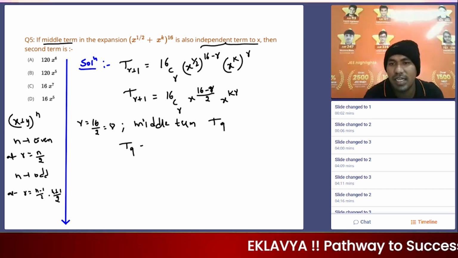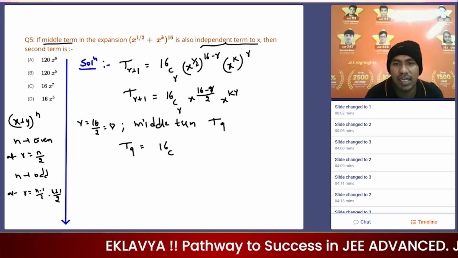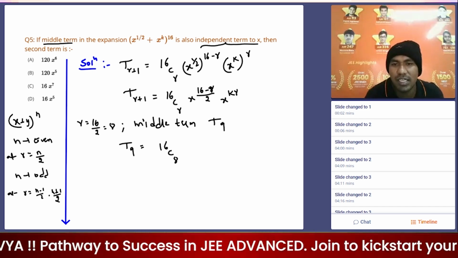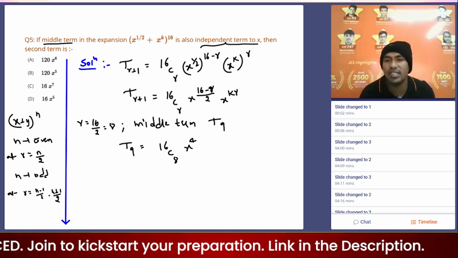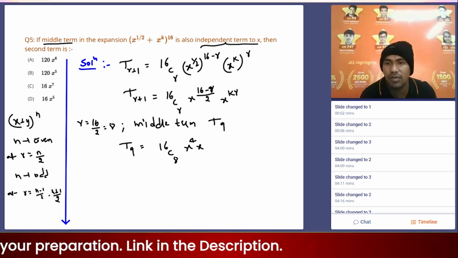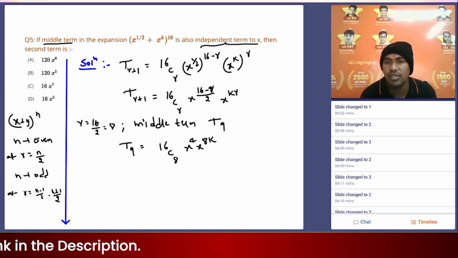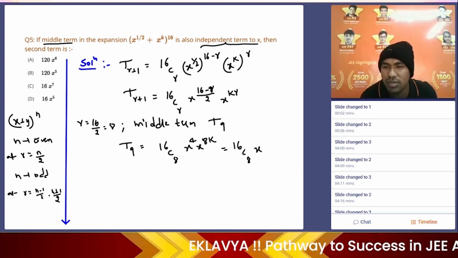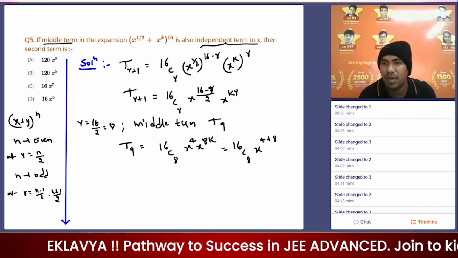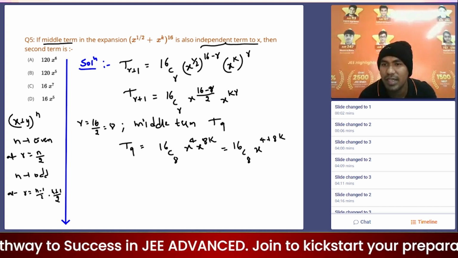So T9 equals 16C8, and x to the power of 16 minus 8 by 2 will become 4, and x to the power of 8k. If you simplify this, 16C8 and x to the power of, since bases are equal, we will add the powers, that will become 4 plus 8k.